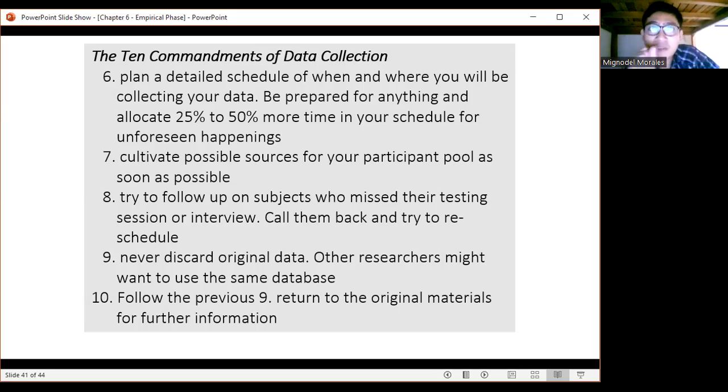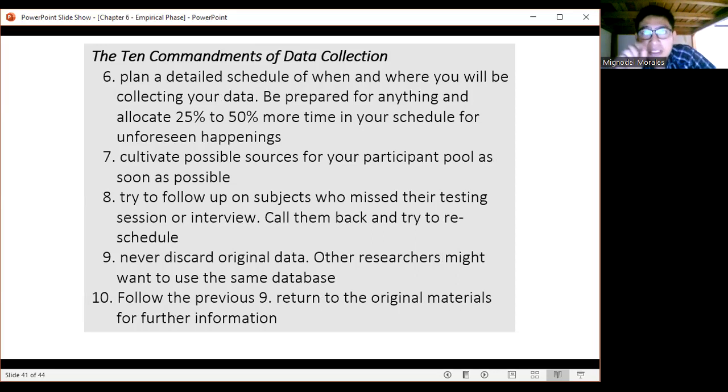Plan a detailed schedule of when or where you will be collecting data. Be prepared for anything. Allocate 25 to 50 percent more time for your schedule. Meron kasing nangyayari na unforeseen events. Now, you have a schedule for data gathering and there are some unforeseen events. No? Cultivate possible resources, or participant pool.